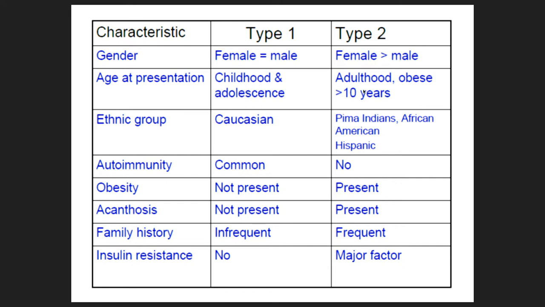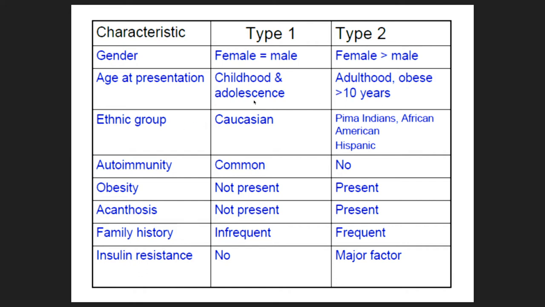Type 2 mainly happens in adults, but also we are seeing a lot of cases nowadays of type 2 diabetes in children because they are obese. So obesity is a hallmark of type 2 diabetes, and it not only could happen in adults, it also could be seen in obese children and in adolescents.